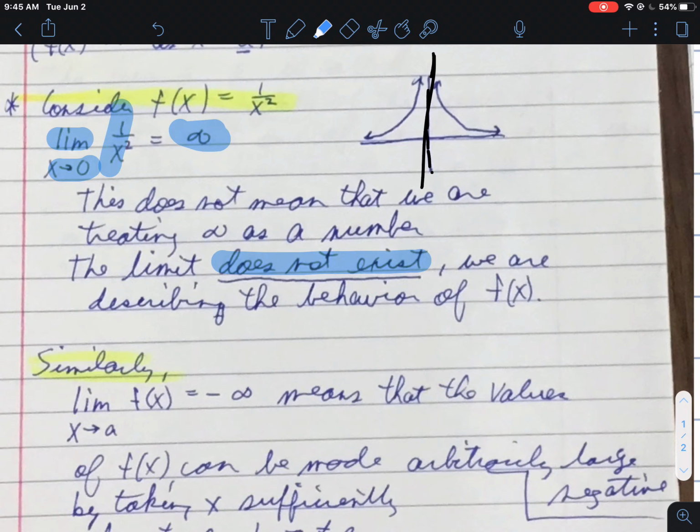So if I'm given a question that says, what is the limit as x approaches 0 of 1 over x squared, I would say that that limit is infinity, right? Even though technically it does not exist, I'm still able to describe the behavior. But do keep that in mind, anytime we have this type of observation.